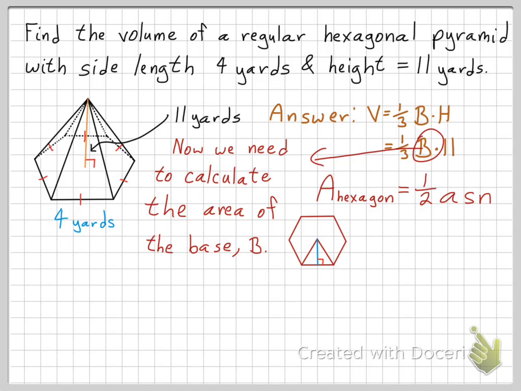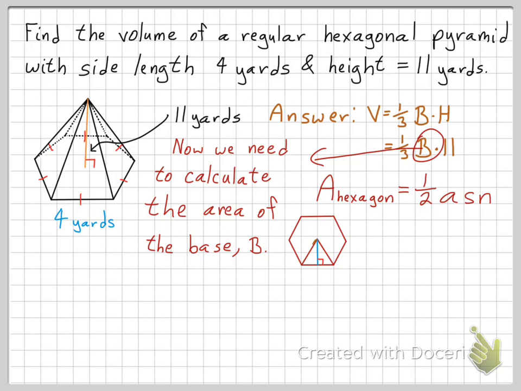Okay, so if I travel around this whole figure, that's 360 degrees, right, traveling in a circle, and there are 6 of these triangles, right, so there are 6 of these angles around here. Remember we went over this in chapter 11, and so each degree measure is 60 degrees. So bear with me here.